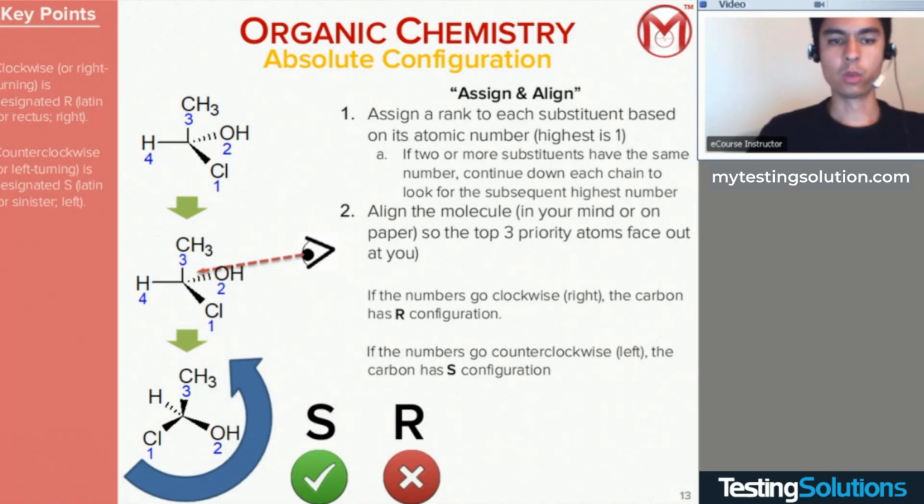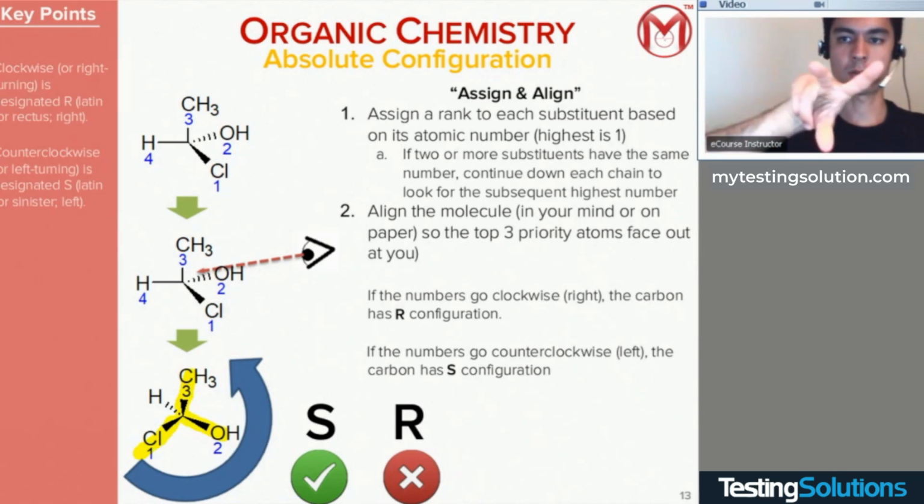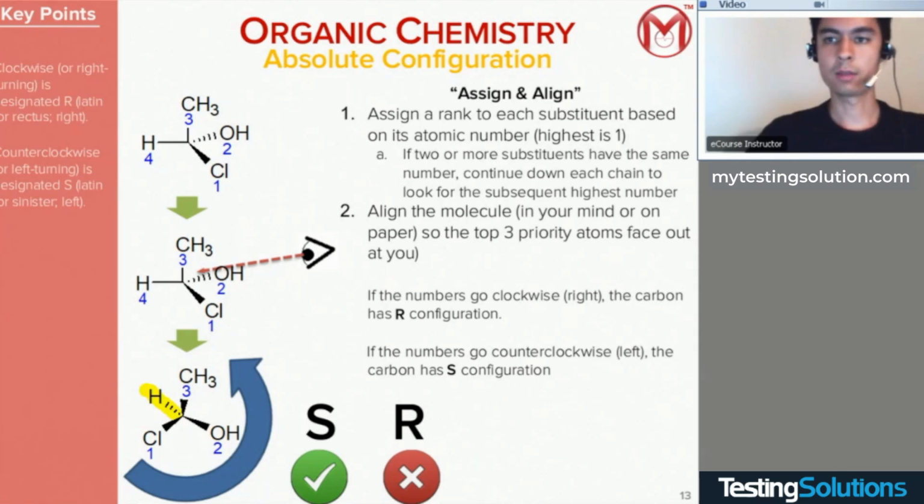Okay? When you do this, what you want is to have the 3 primary functional groups, the 3 main functional groups, pointing at you, all of them pointing at you like this, with the lowest priority functional group, in this case hydrogen, pointing furthest away. So it's pointing back, and the 3 primary functional groups are pointing towards you.